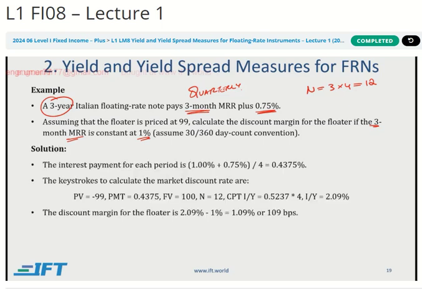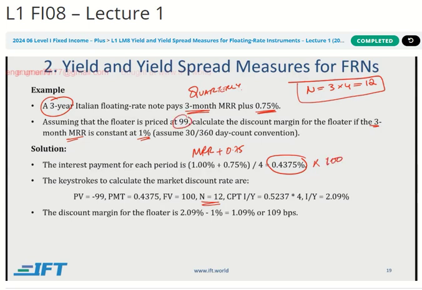Okay, so obviously the first thing here is to get your head around that N, right? And that is 12. Now we need to work out the interest rate, which is going to be your MRR plus the quoted margin. And again, this needs to be divided by 4 to get the quarterly one. And that will then be multiplied with your face value.